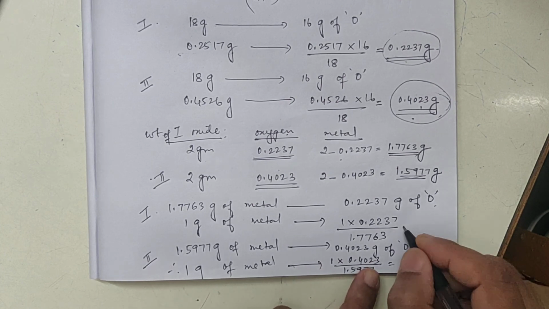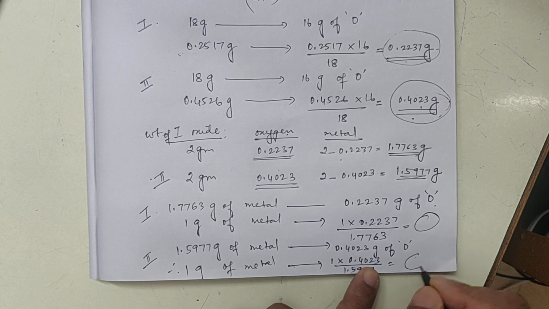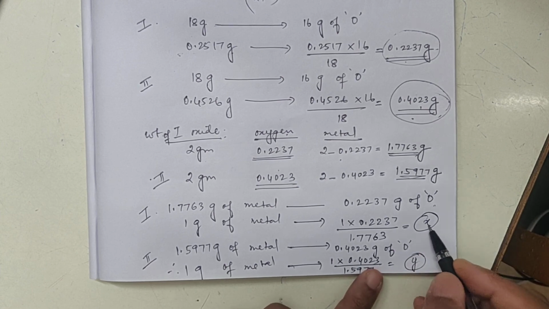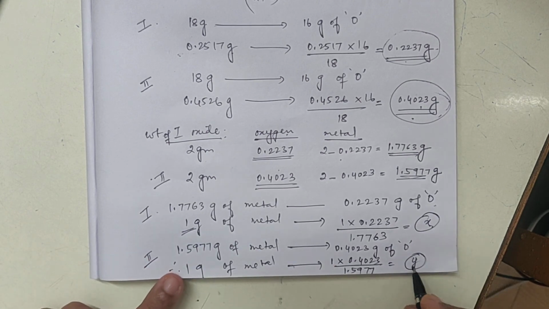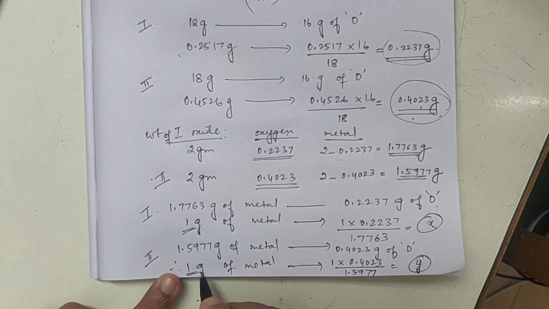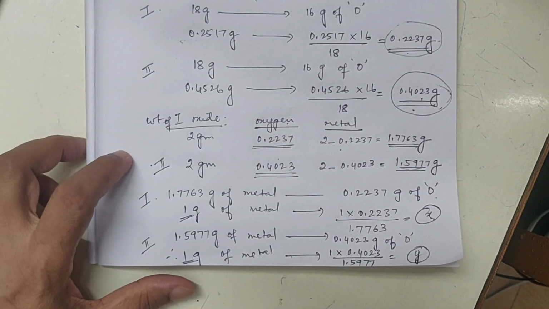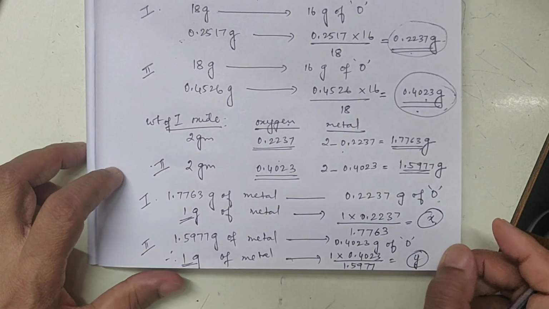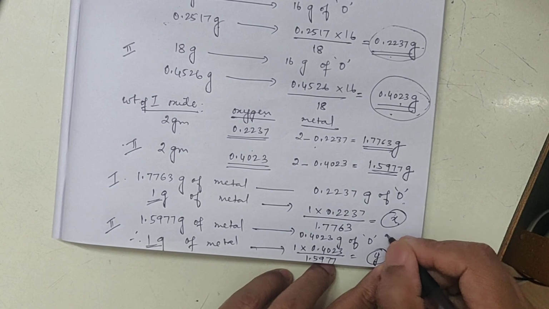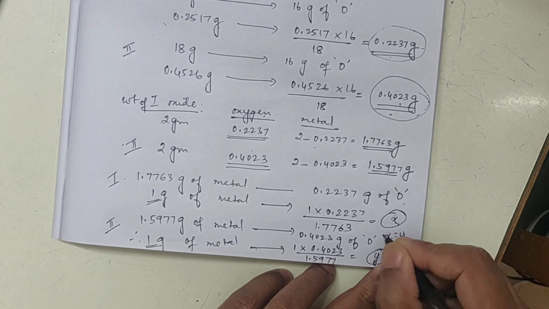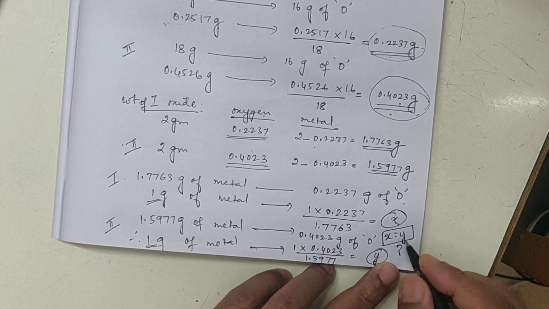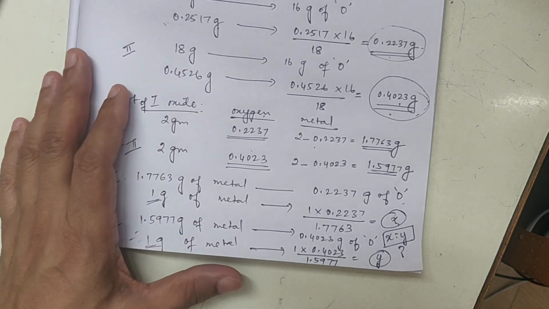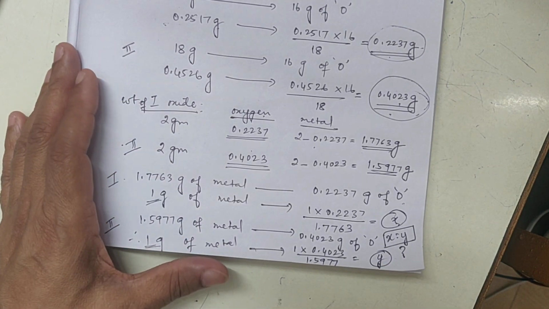So whatever answer you get, say this is X and this is Y. This is the amount of oxygen with respect to 1 gram of metal. This Y gram of oxygen is with respect to 1 gram of metal in the second oxide. So you have to find out what is the ratio X is to Y, and you will find that this ratio is a simple one. That is what you have to prove, right?